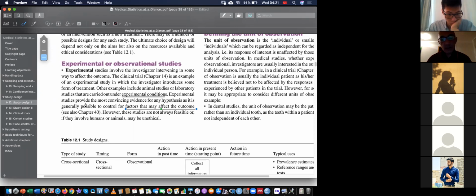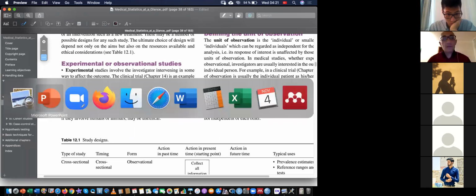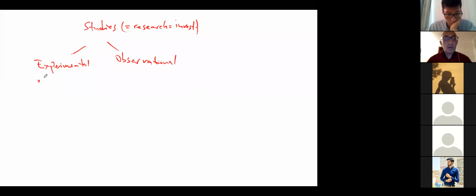For example, imagine an animal study where you have rats or some other animal in the laboratory, and you want to compare the effect of a medication on diabetes. Just to imagine it. What was the most important difference of experimental studies from the other studies?